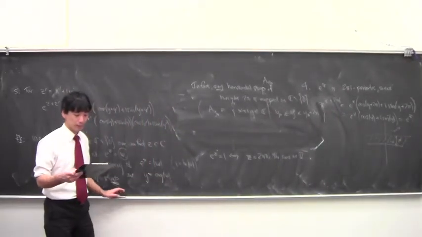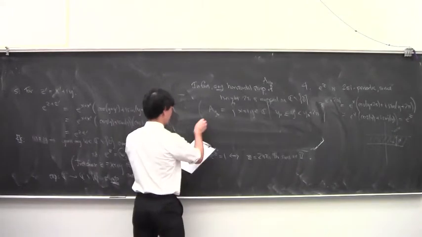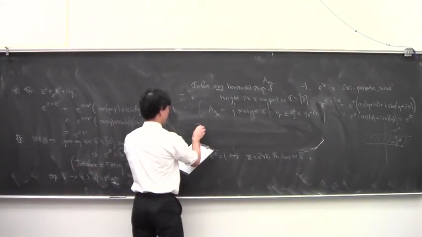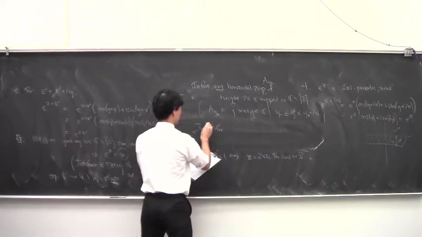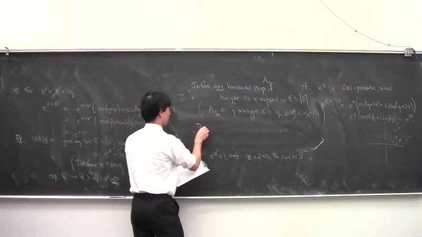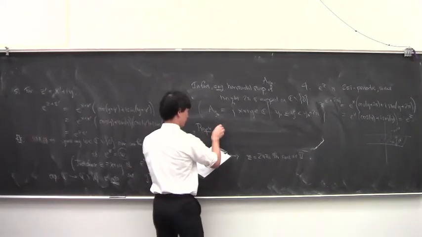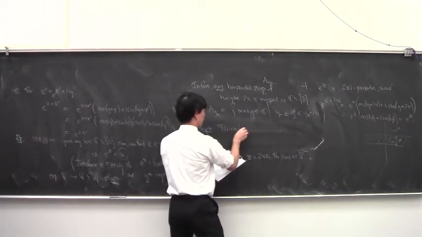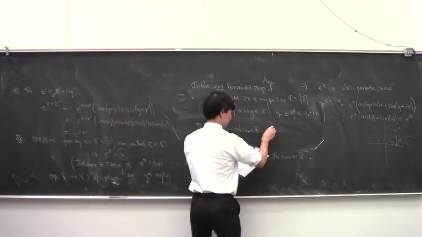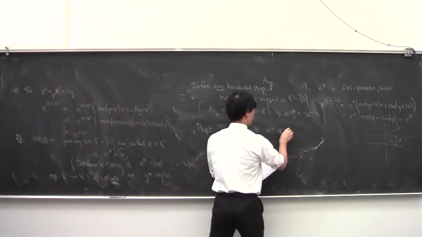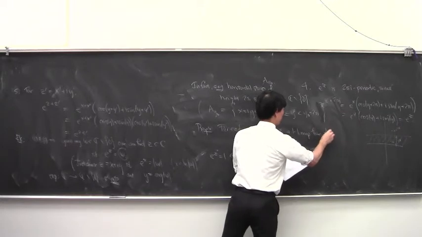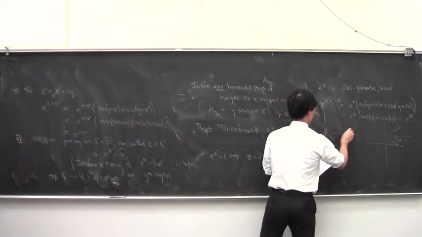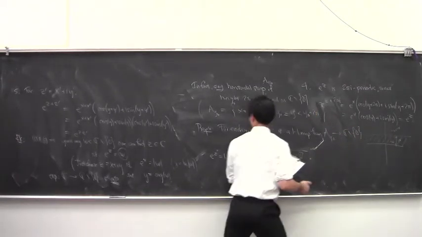Okay. In fact, for each y naught, e to the z is a 1-to-1 map from A y naught onto C minus the origin.